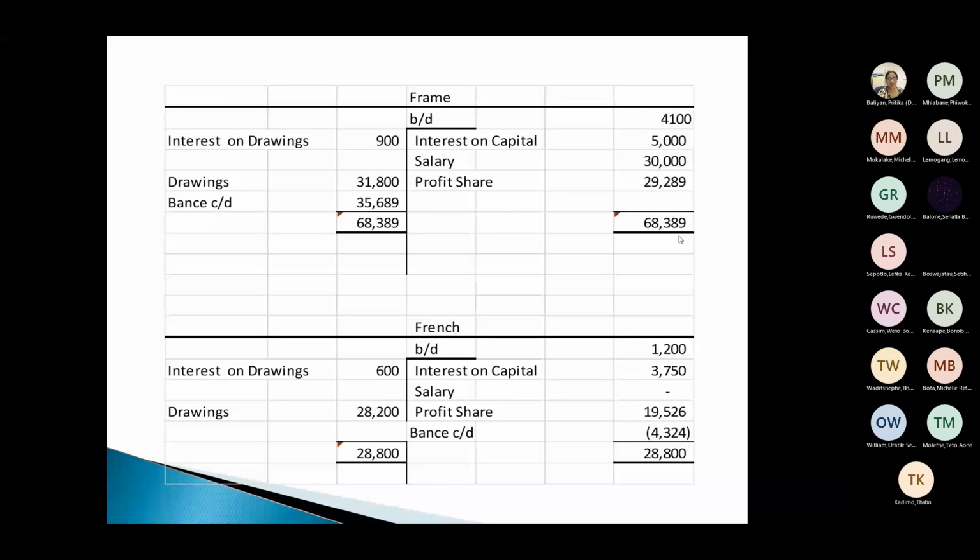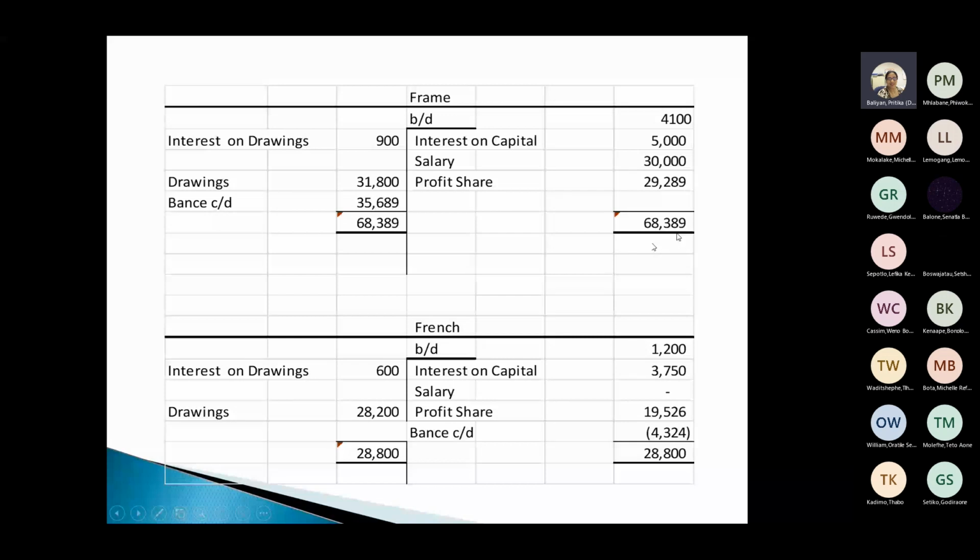Okay. So we start with the balance brought down from last year. This balance is also given in the question, the current account balance. So we bring down the balance, then we add the interest they receive on their invested capital, they receive salary and their proportion of the profit. Then it makes a total of 68,389.